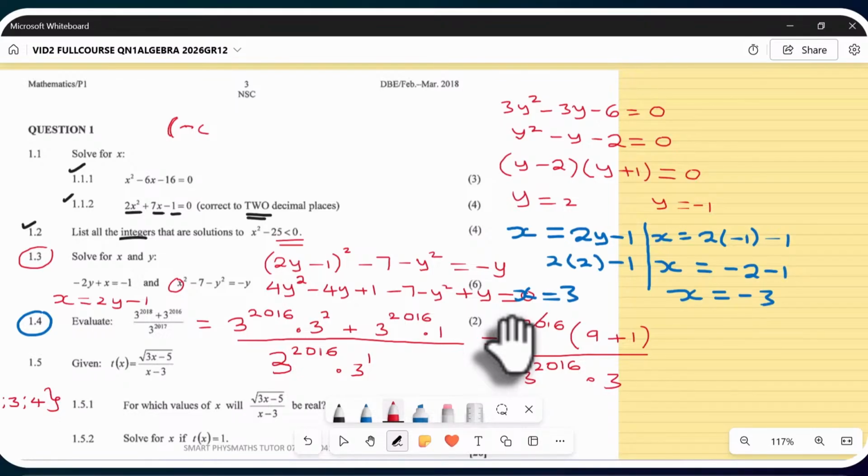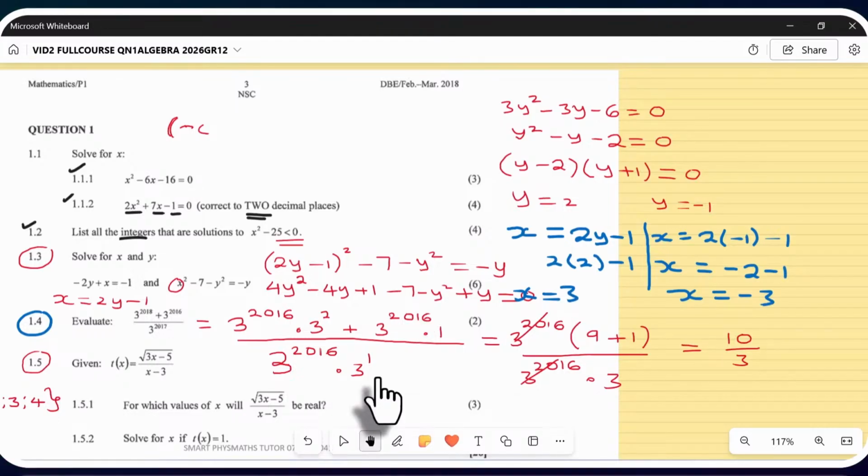Okay. So x should never be equal to 3. That's one condition here. Then because of the root sign, whatever is in the root here must be greater than or equal to 0. So we say here that also 3x minus 5 should be greater or equal to 0.